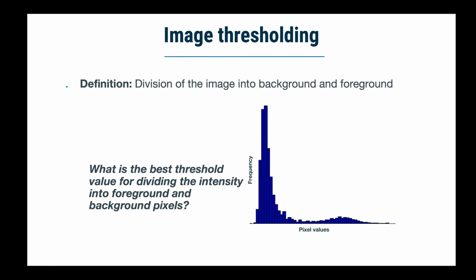We return back to our histogram, and we go back to our idea that we're simply trying to find the best threshold that divides the intensity. We can say, based on our knowledge of the images, that there are reasonable lower and upper bounds of what that threshold can fall in.